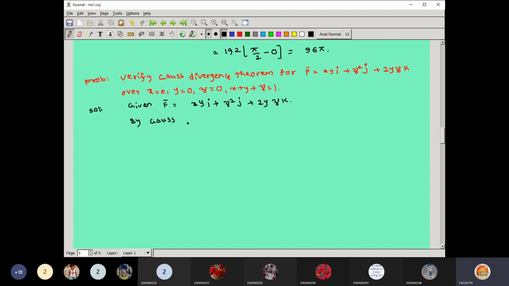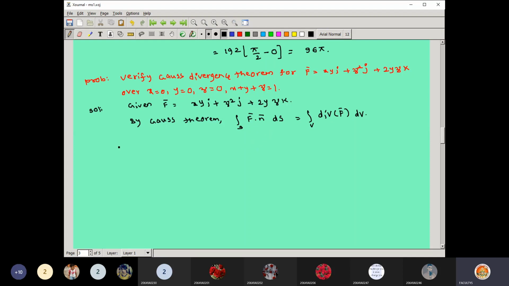By Gauss theorem, integral over s f bar dot n bar ds is exactly equal to integral over v divergence of f bar dv. So we need to calculate the two-side integral values.